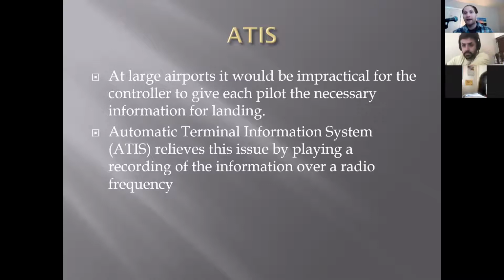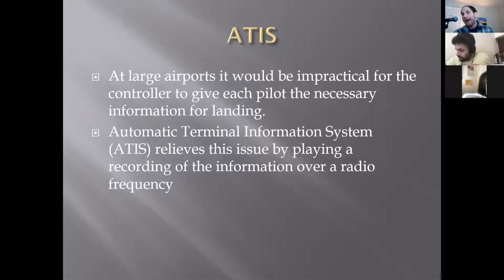So instead, they record typically once an hour an ATIS. They'll give it some sort of letter, Alpha, Bravo, Charlie, Delta, and that's how everybody understands that we've all listened to the same ATIS information. At a larger airport, it's impractical for the controller to speak all this information to every pilot.